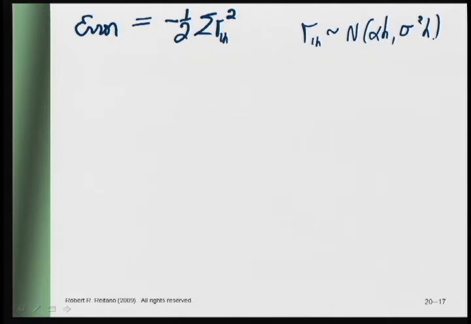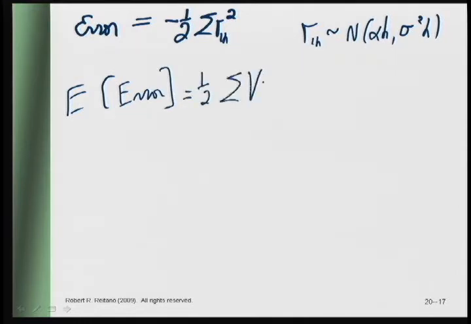So, in fact, if I wanted to look at the expected value of this error term, it looks like -1/2 the summation of the r_i h squared.